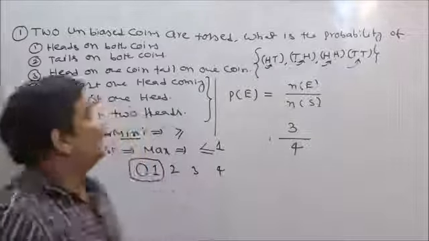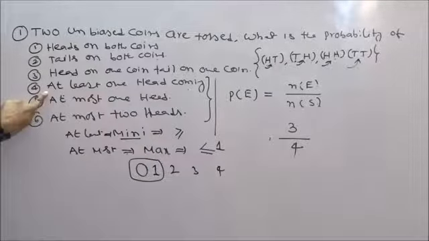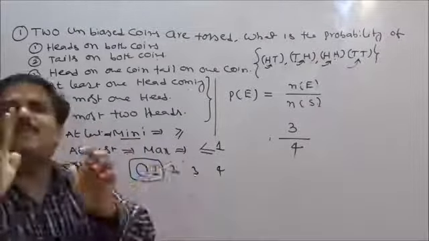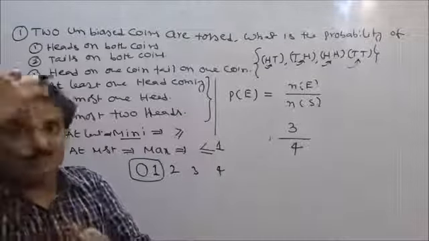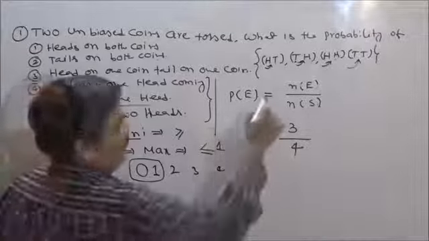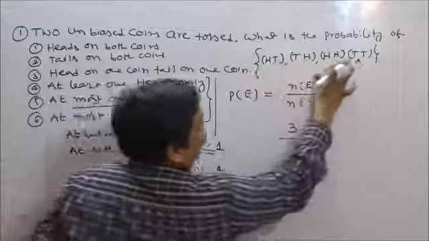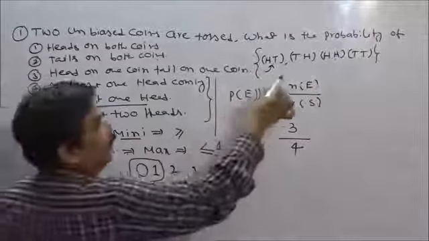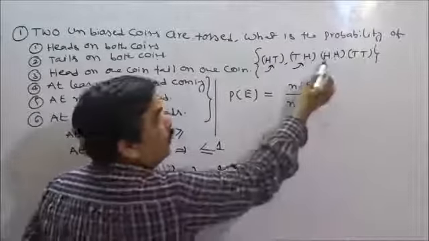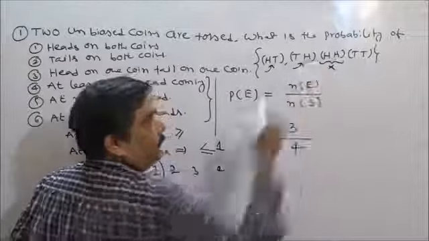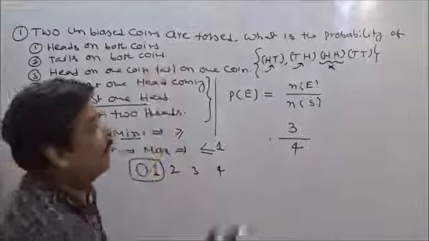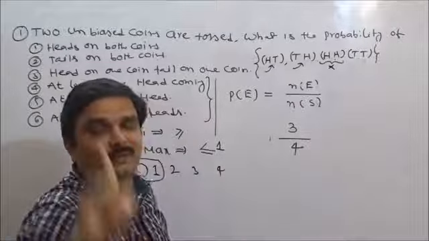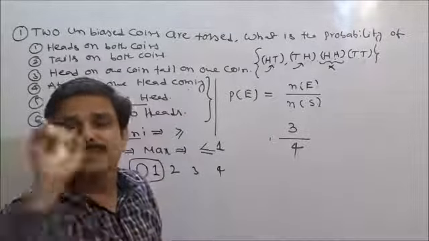Got it? Right. Now just count this one. At most one head means maximum one head. Maximum 1 means 1 or less than 1, so I should take 1 head. This is counted. 2 heads should not be counted, because it should be 1 or less than 1. Now observe students. Many students make this mistake. The beginners, I am telling you, watch this carefully.